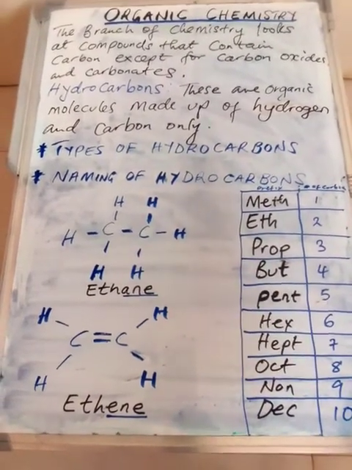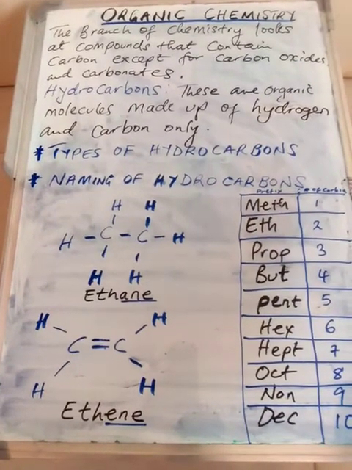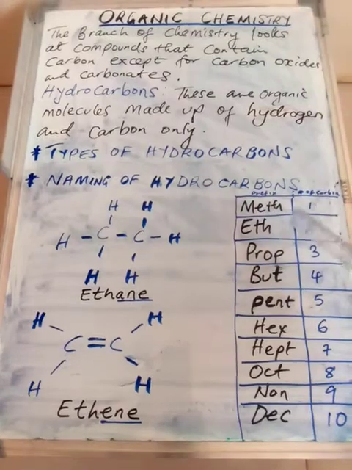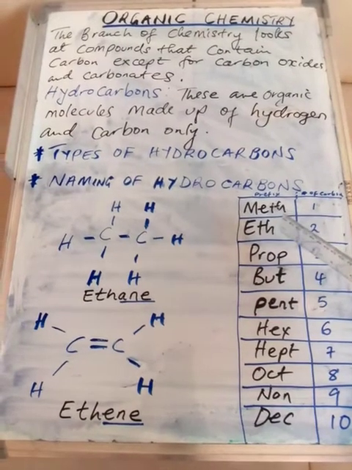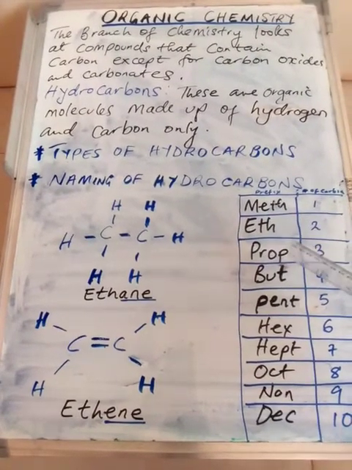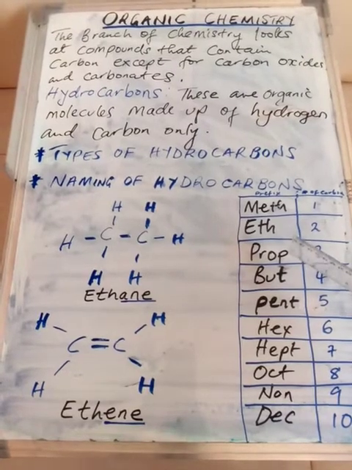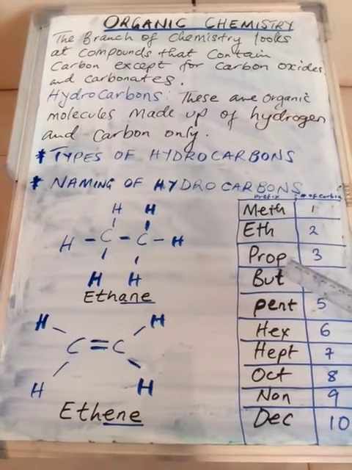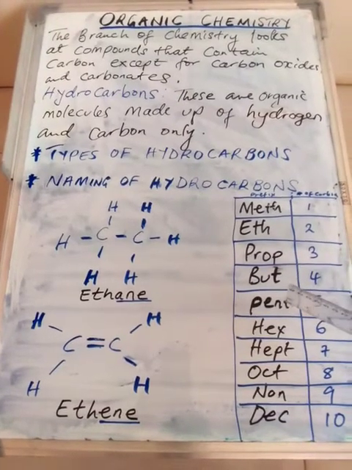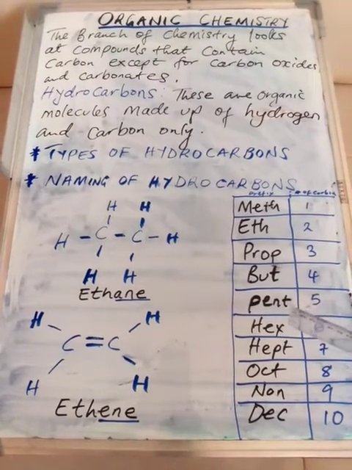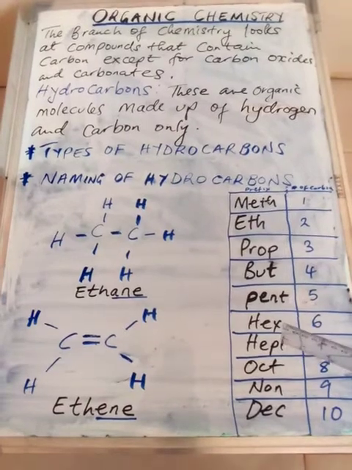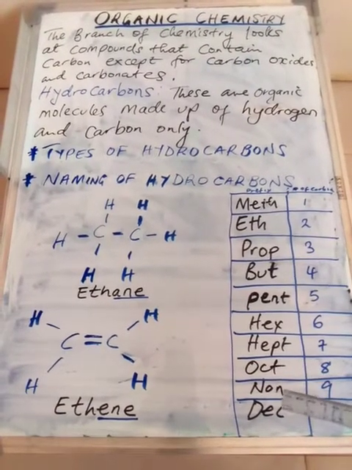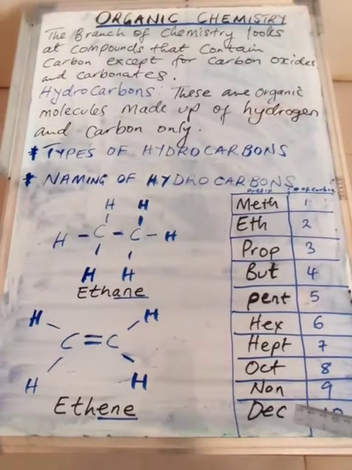If a hydrocarbon contains one carbon, its name is going to start with meth. If it contains 2 carbons, it is going to start with eth. If it has 3 carbons, it is going to start with prop. If it has 4 carbons, it is going to start with but. If it has 5, it will be pent, 6 hex, 7 hept, 8 oct, 9 non, 10 dec.